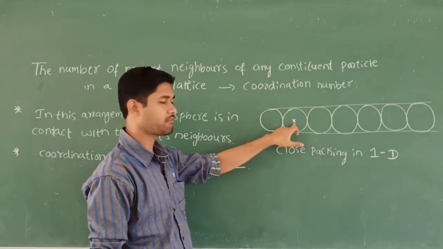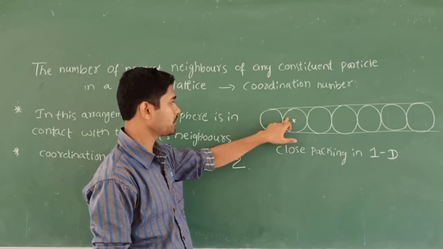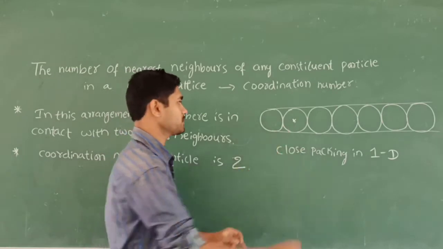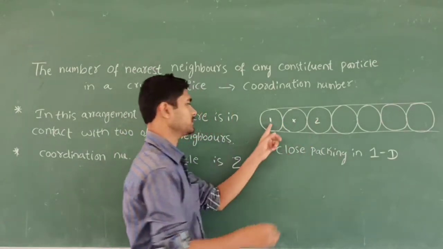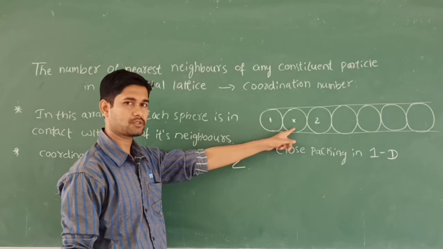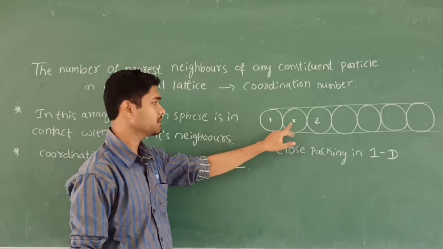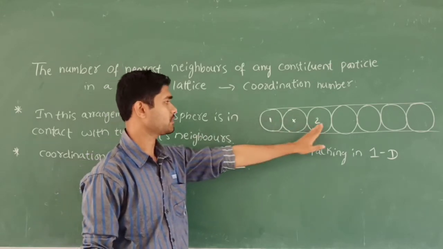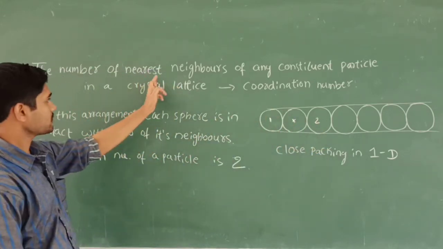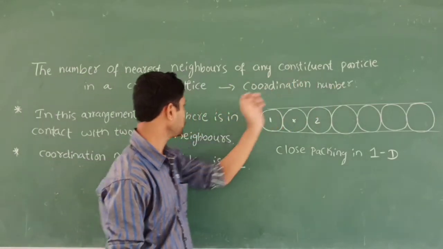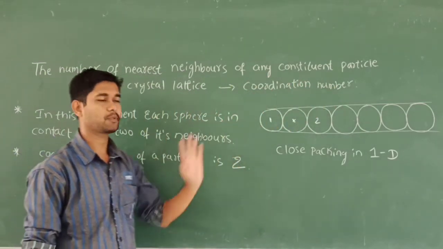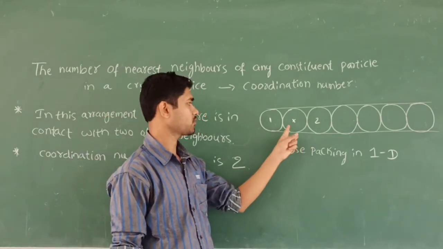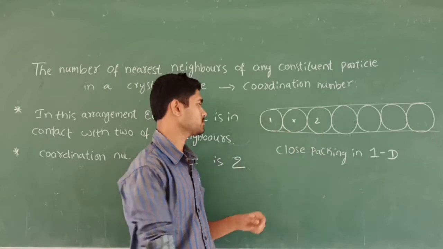If I consider this middle particle, it has one nearest neighbor on the left and one on the right, so it is attached to the first one as well as the second one. The number of nearest neighbors of a constituent particle in a crystal lattice is called the coordination number. So the coordination number in this arrangement is 2.